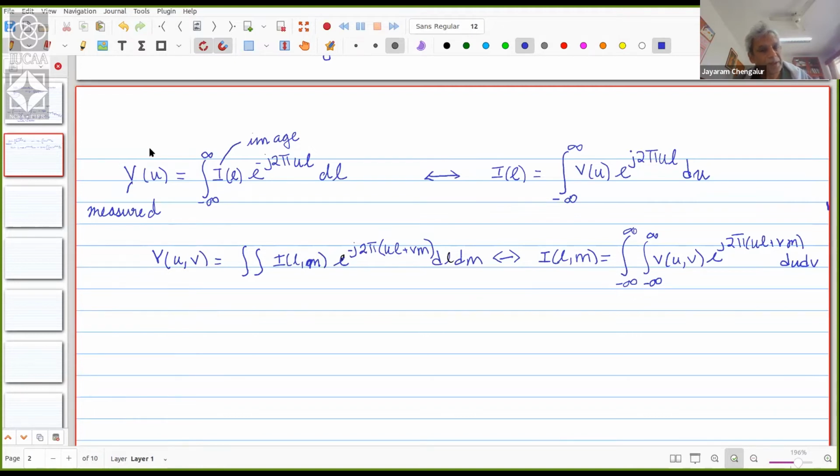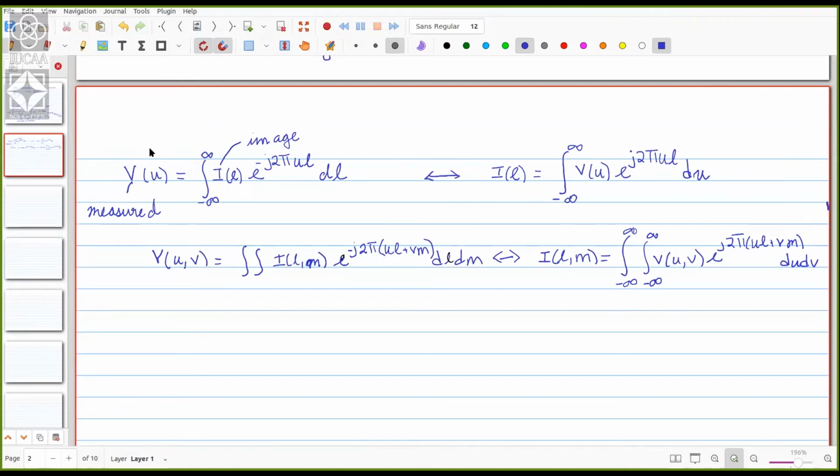And now supposing I have a source which has both these kinds of structures, then I should measure V of u both at small and at large u. That's correctly speaking what I should do, because in principle, a priori, I don't know a whole lot about the source. So ideally, what I really should do is to measure V of u everywhere from 0 to infinity.